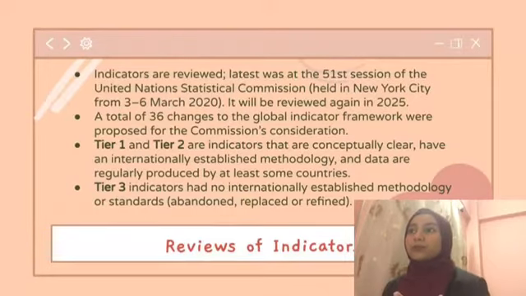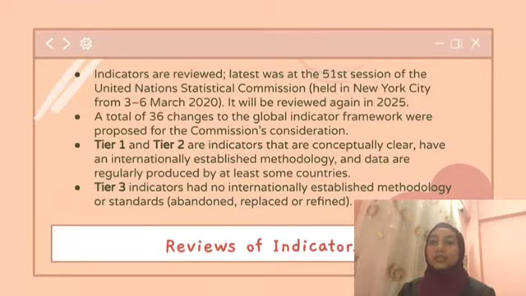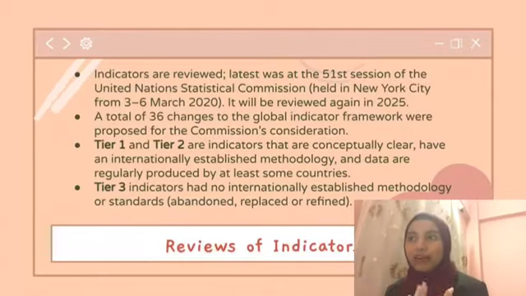For example, the latest indicators that was last reviewed was during the 51st session of the United Nations Statistical Commission that was held in New York City from 3 to 6 March 2020, and it will be reviewed again in 2025.